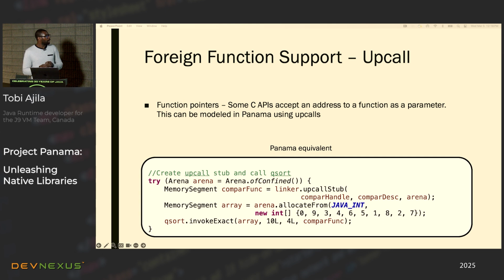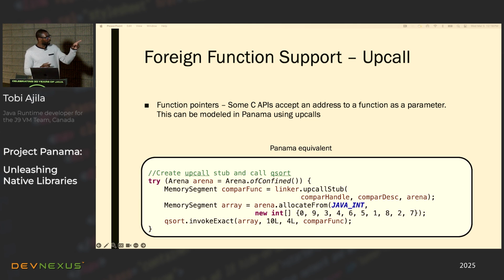And then in an arena, I'm going to allocate an upcall stub. An upcall stub provides a mechanism for native code to call into Java, and wraps it into a memory segment. So you essentially have something similar to a thunk, which has the native linkage for the platform, and can be invoked just like any other native method, except the thunk is going to call into the JVM, execute Java code, and then return.